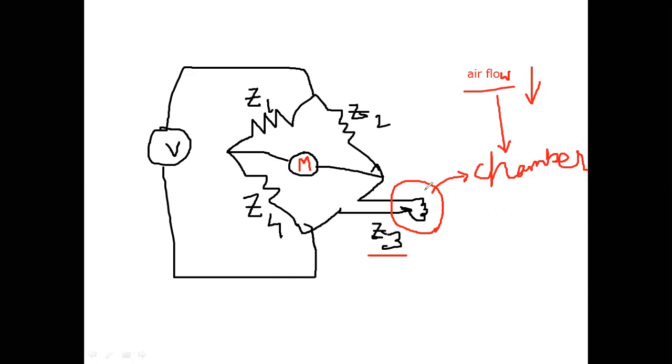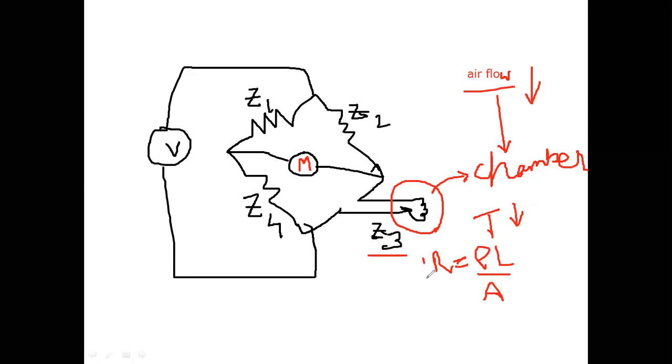Then if airflow is high, this heater element cools down. So when the temperature is low, what will happen? R equal to rho L by A. If the temperature reduces, then what will happen?